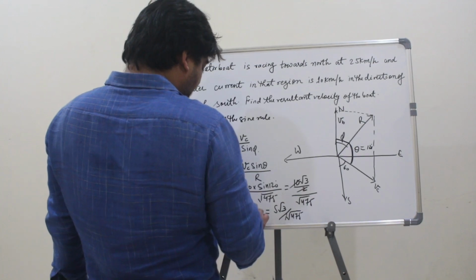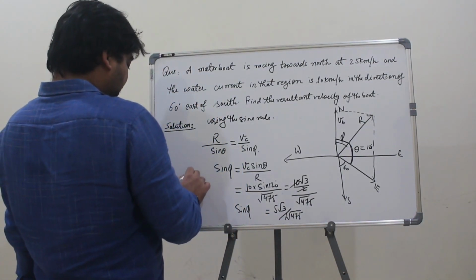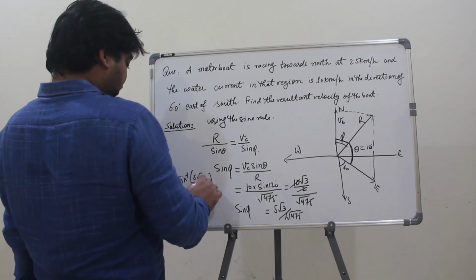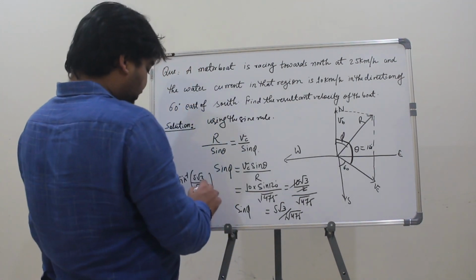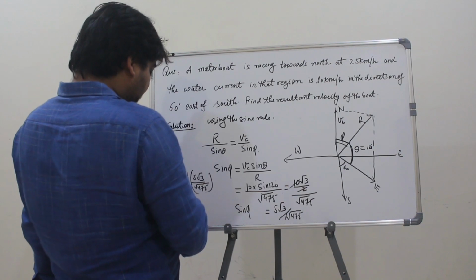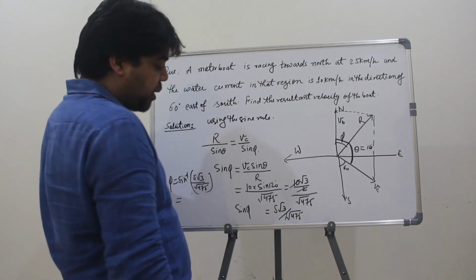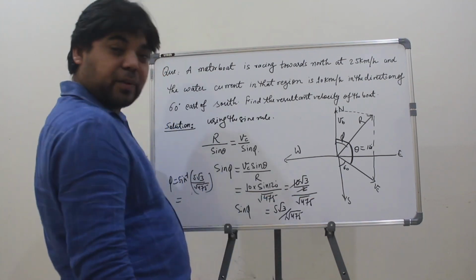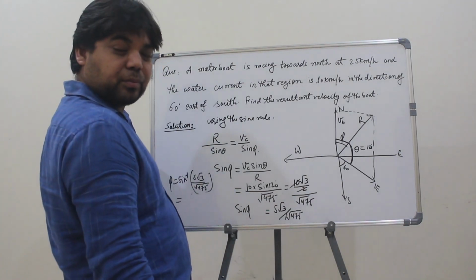So phi will be sine inverse of the same. Right? Now, you can simplify it by dividing by 25. So 475 is 19 times 25, right?